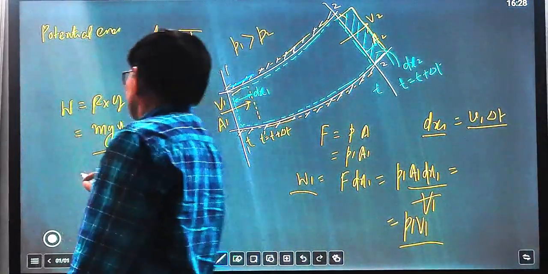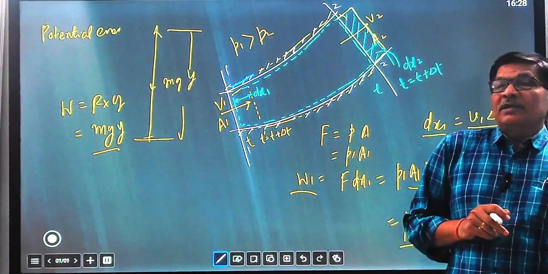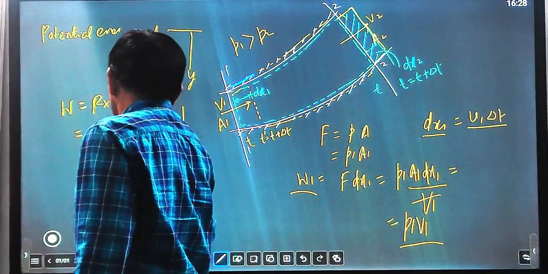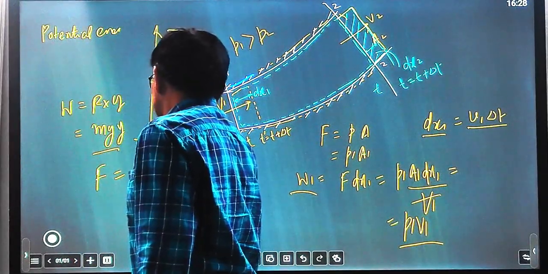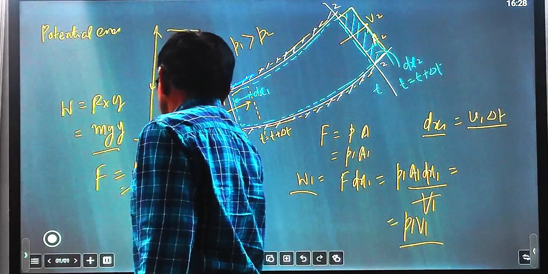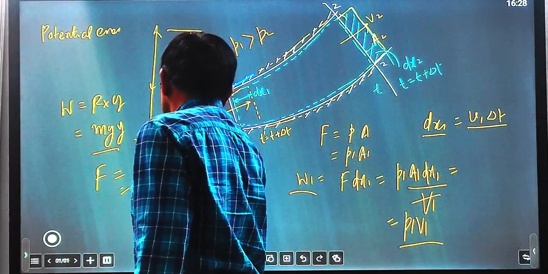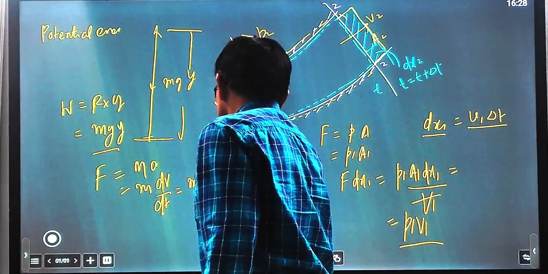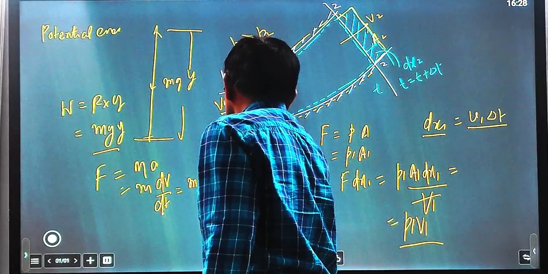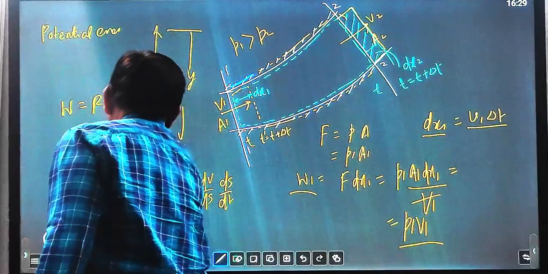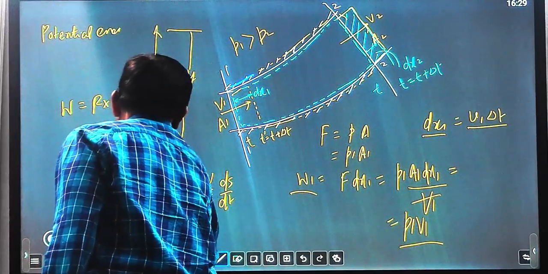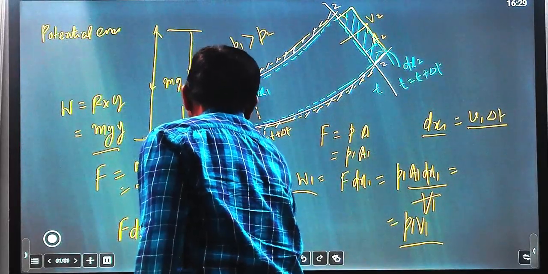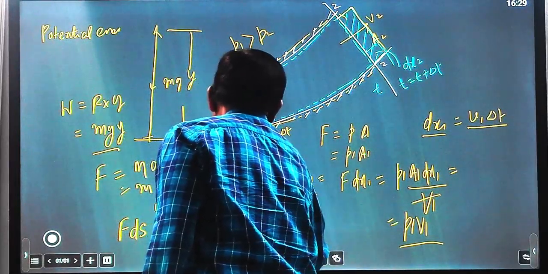Another energy that I want to define: due to work done, energy is converted into kinetic energy. So let us define here. Force F equal to mass into acceleration, that is equal to mass into dv by dt. We can break it as m dv by ds into ds by dt. So F into ds equal to m dv into v, so mv dv.